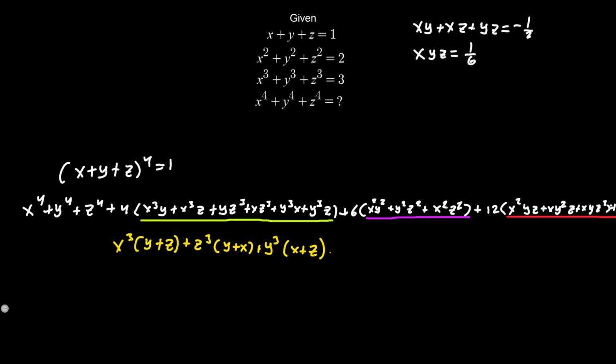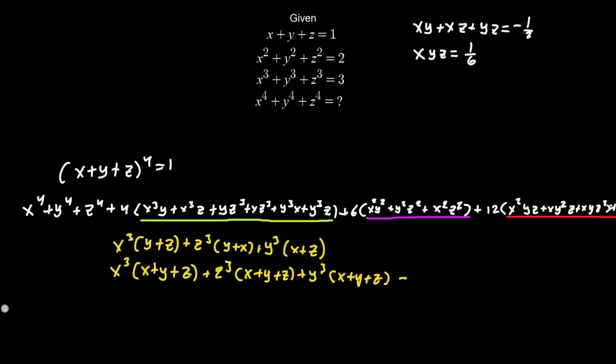What we're going to do is add whatever we could to factor everything out. So it's going to be x cubed times x plus y plus z, plus z cubed times x plus y plus z, and plus y cubed times x plus y plus z.